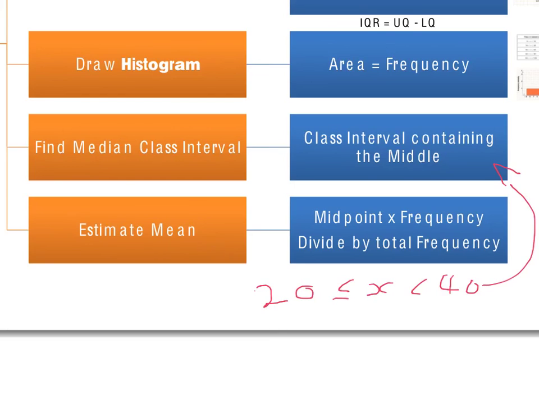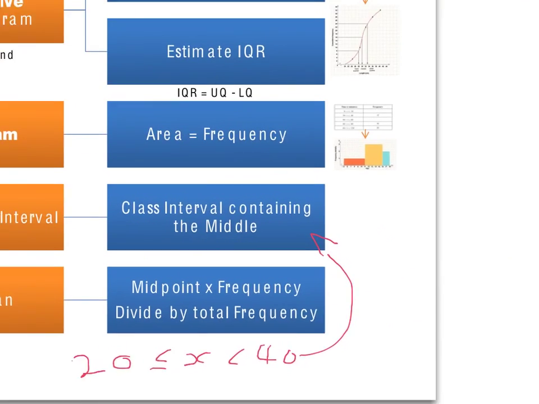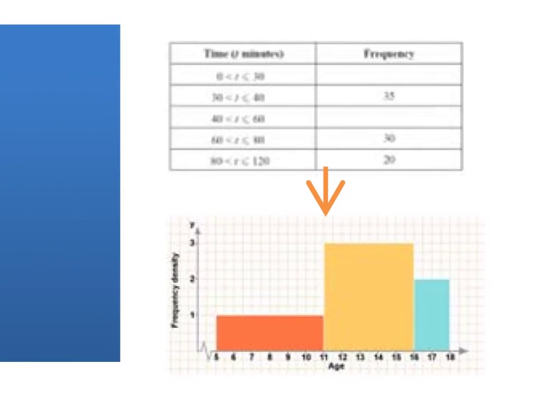To estimate the mean from a grouped frequency table, take the midpoint of each class interval times by the frequency. So don't plot it, work it out. Work out the midpoint times by the frequency. Once you've done that, add all of those up, and don't divide by how many groups there are.